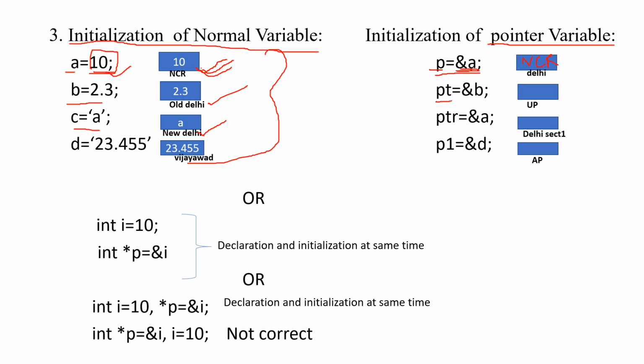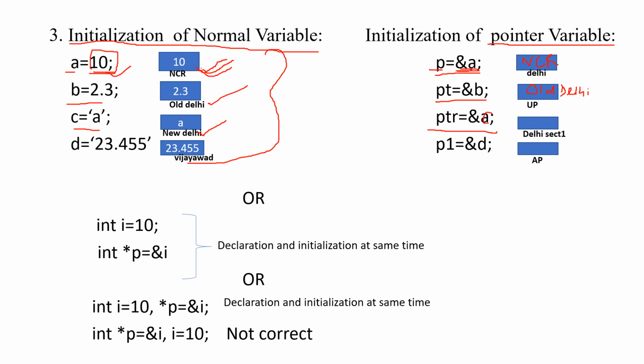And here I have written ptr equal to address of b. Whatever the address of b is, Old Delhi, that is going to be stored here. Right? Next is ptr1 equal to address of c.